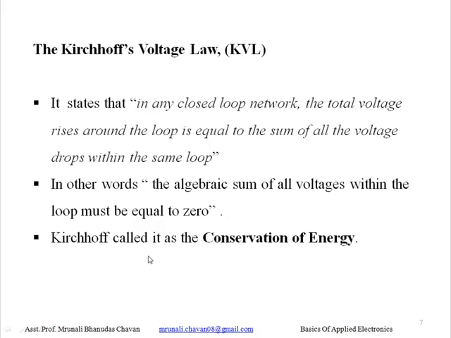Here in KVL, in any closed loop, the voltage rises mean the applied voltages from voltage sources, and voltage drops mean the voltage drop across any component like a resistor. So voltage rises are equal to voltage drops, or the algebraic sum of all voltages within a loop must be equal to 0, and this law is called the conservation of energy.